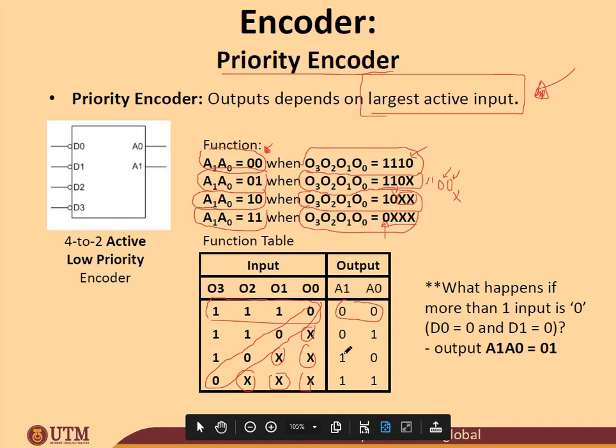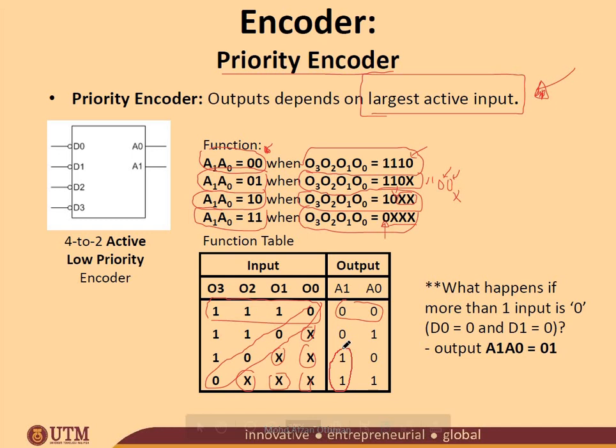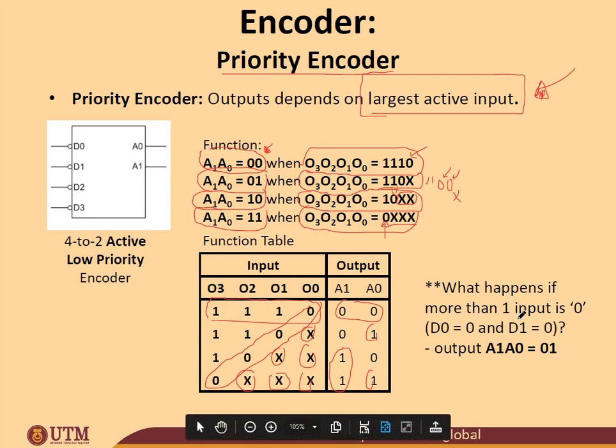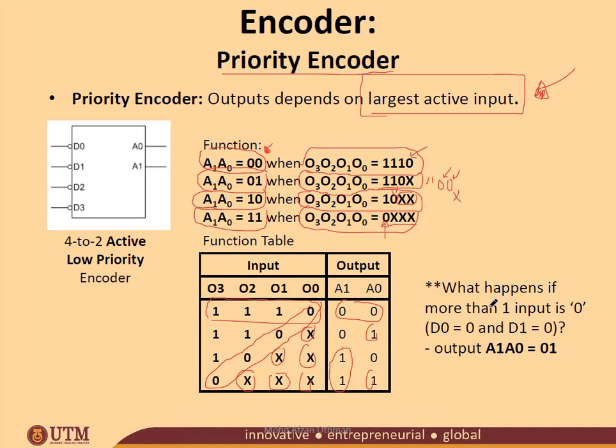So then you will have this as your output of 1 for A1, and this one is the output of 1 for A0. So the question here: what happens if more than one input is 0?